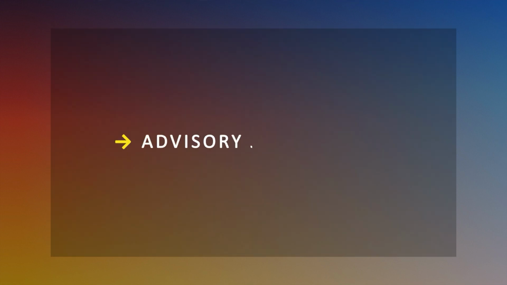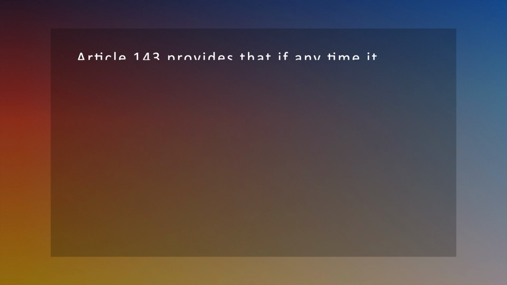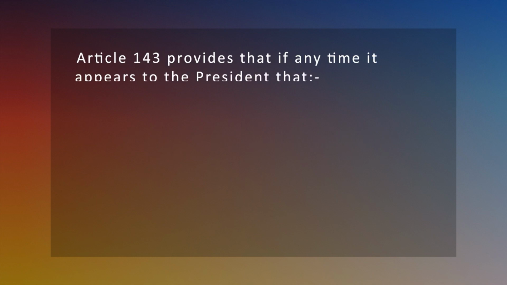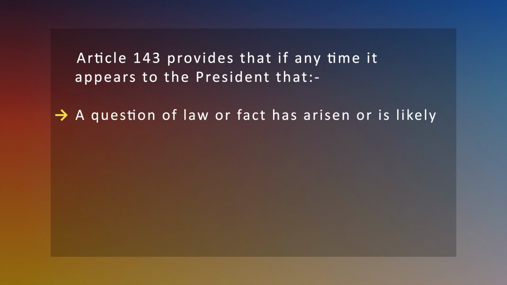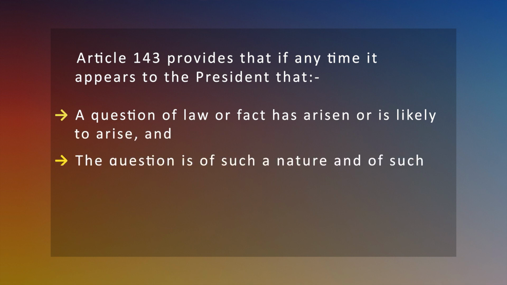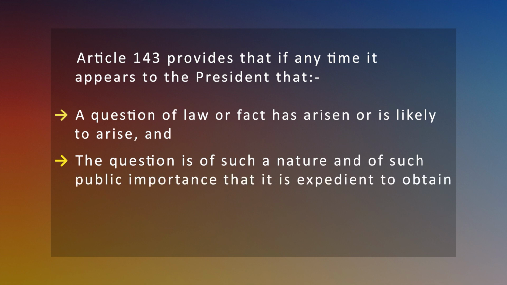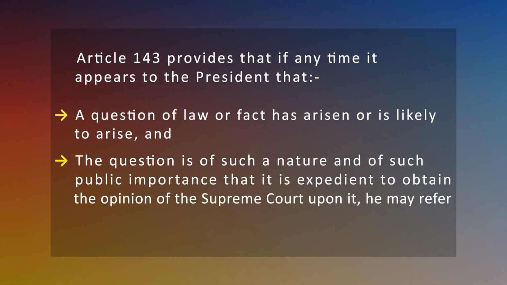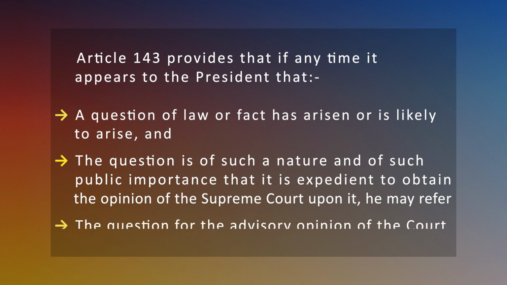Now coming to advisory jurisdiction. Article 143 provides that if at any time it appears to the President that a question of law or fact has arisen or is likely to arise, and the question is of such a nature and of such public importance that it is expedient to obtain the opinion of the Supreme Court upon it, he may refer the question for the advisory opinion of the court, and the court may, after such hearing as it thinks fit, report to the President its opinion thereon.